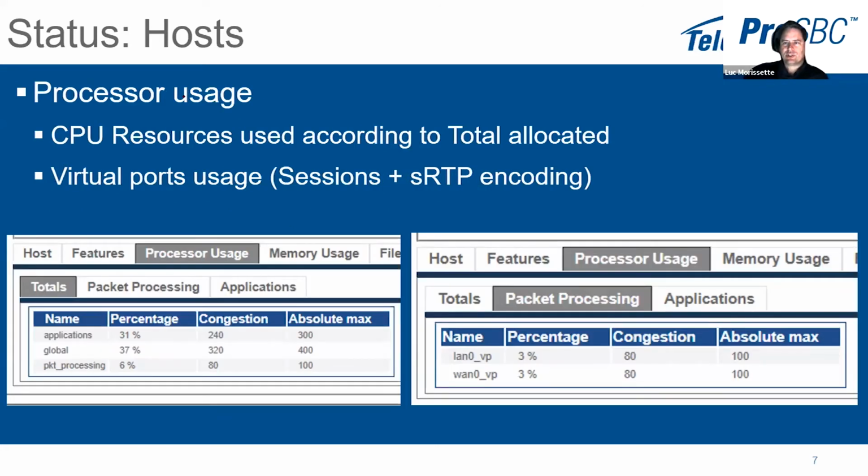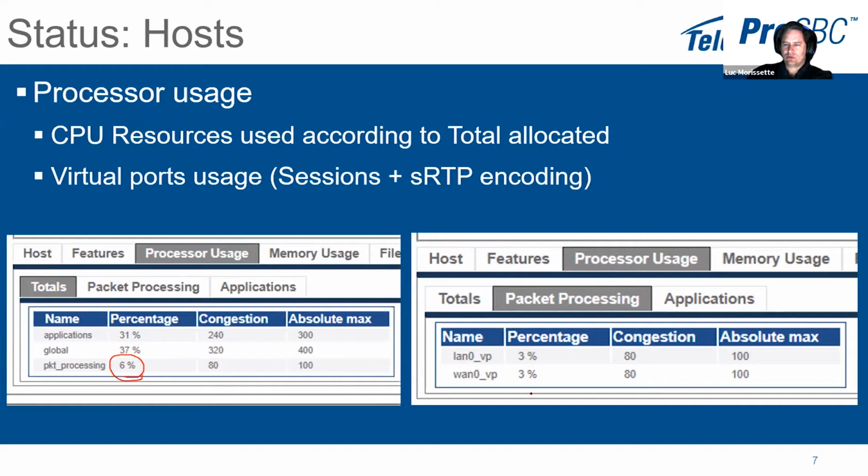Then the processor usage. I showed you that briefly just before the break. I think it's important to look at this, especially if you need high performance out of the system. First you will see the packet processing. This is the number of packets processed by TB router.